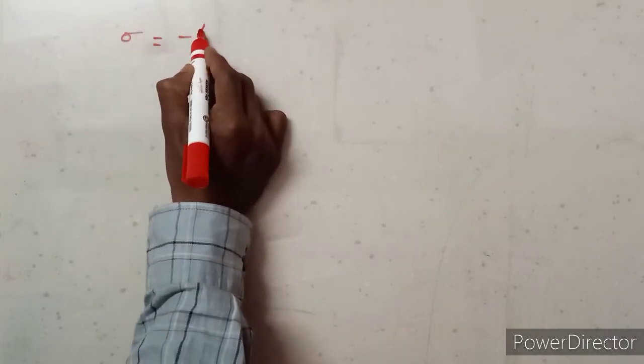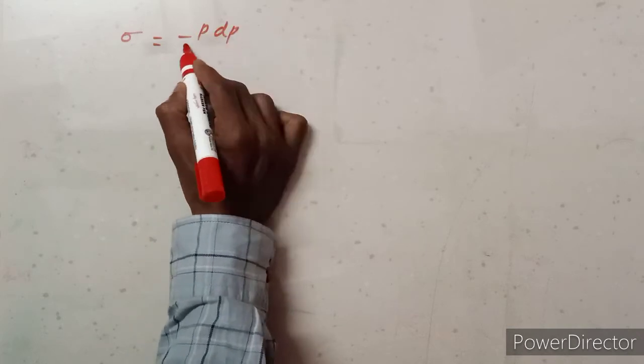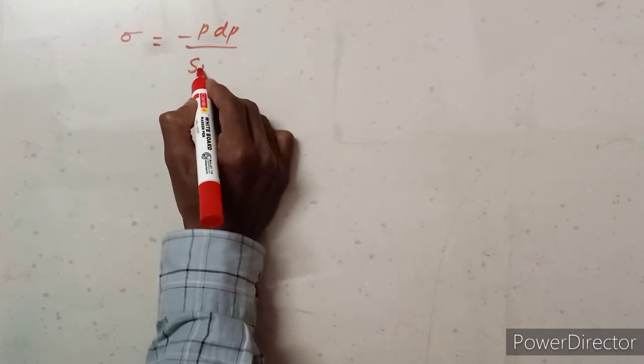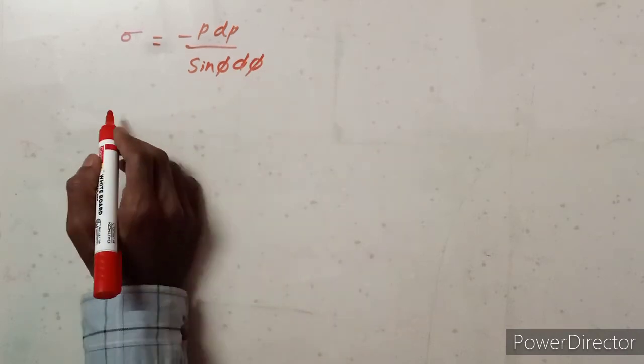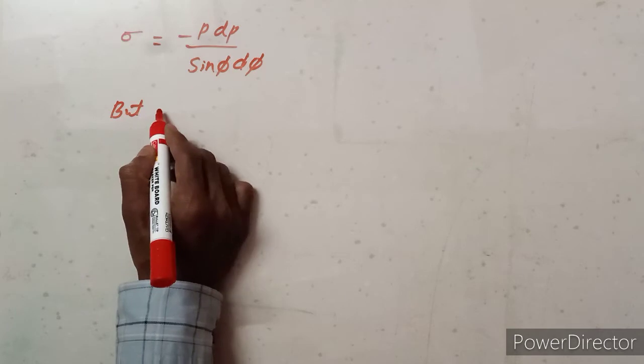So sigma equals minus P dP upon sin phi d phi.